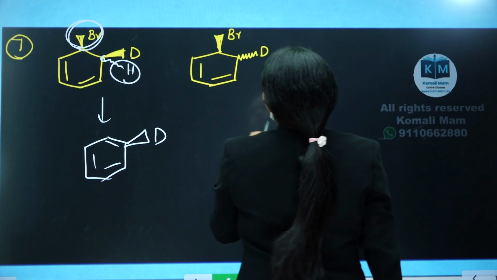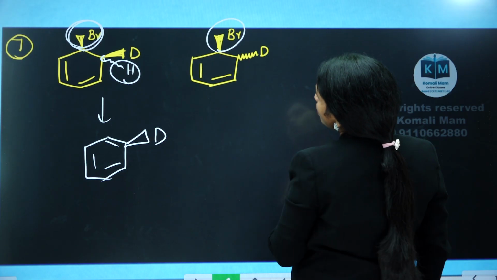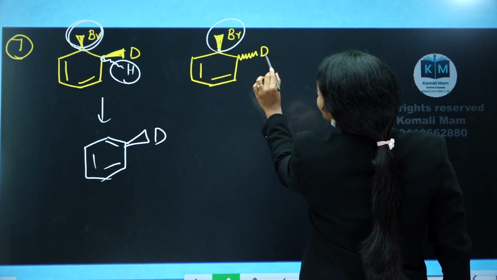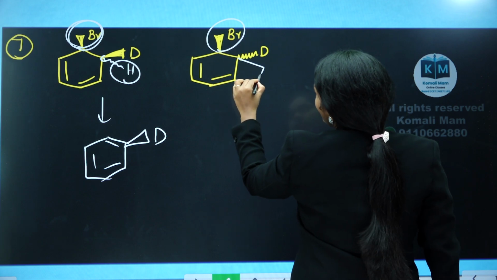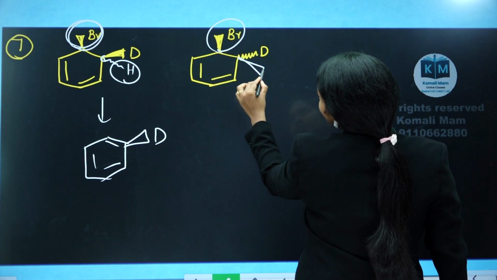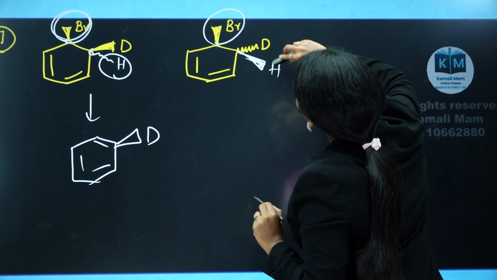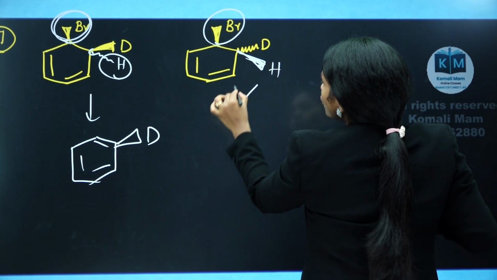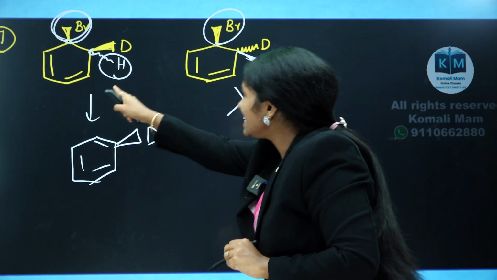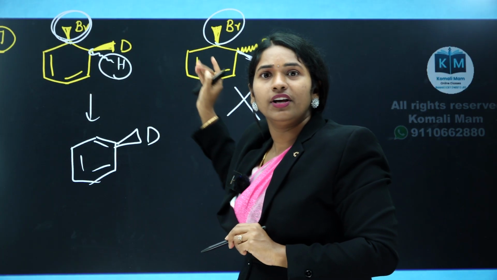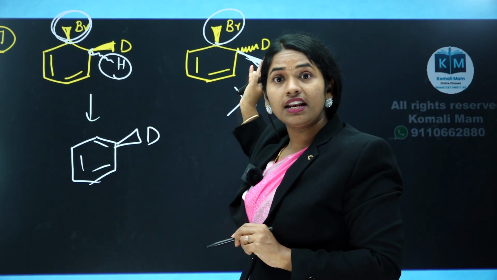But in this case, you see, this bromine is towards the viewer. Here, deuterium is away, means this hidden hydrogen is towards. So both are towards only. So, no reaction. This is undergoing reaction, this is not undergoing reaction.